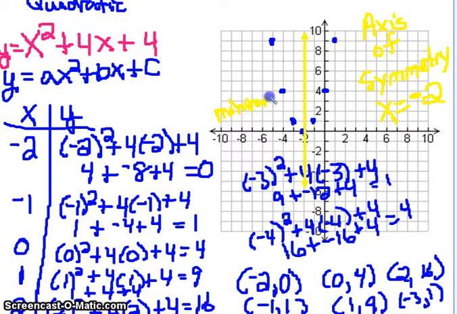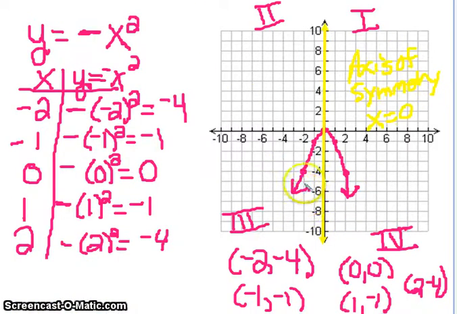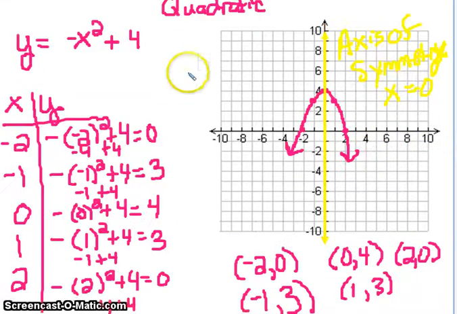So far we've had a lot of minimums, and look what happens though. When we flip it upside down, you have a maximum. This particular parabola has a maximum, and so is this one. Here we have a maximum.